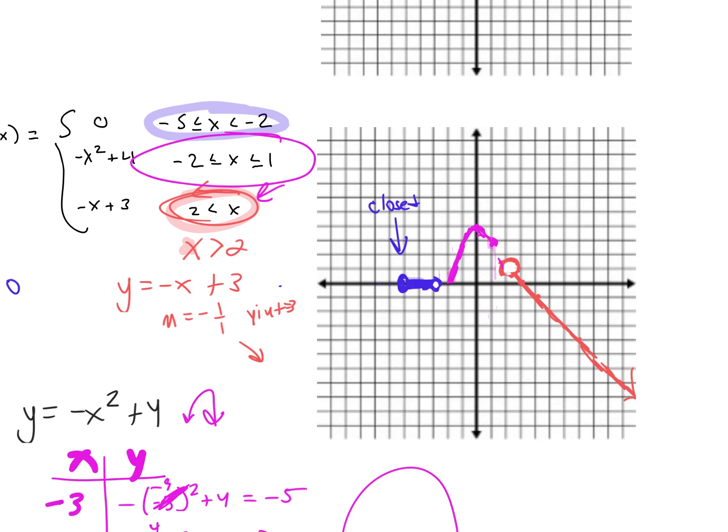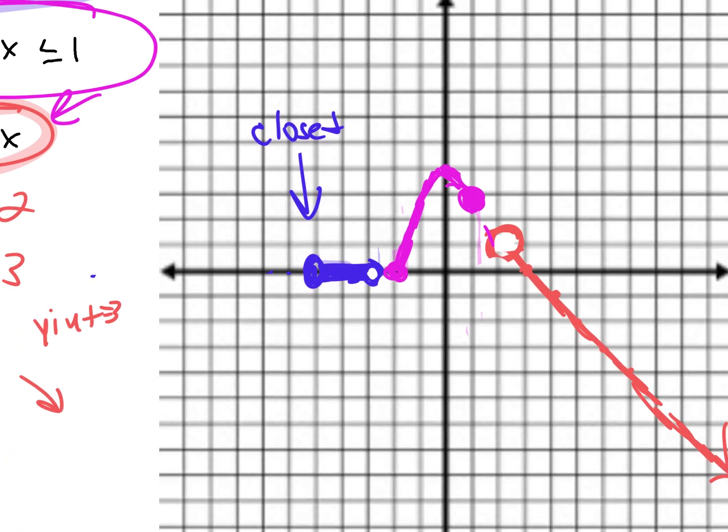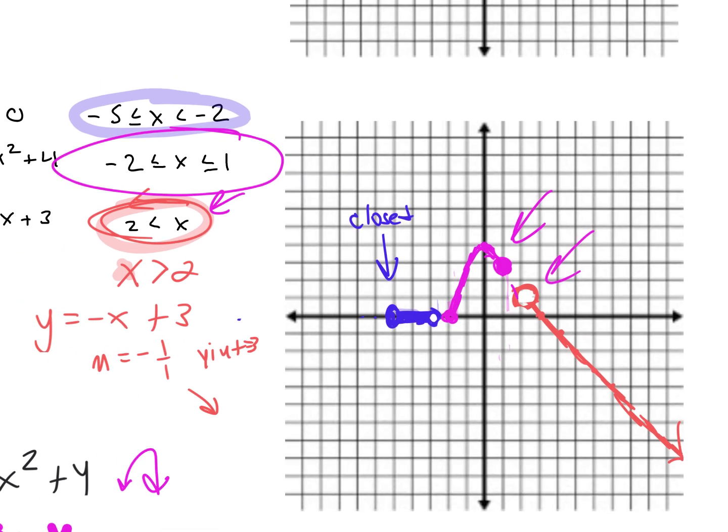In this case, guys, does this entire piecewise function connect? Does the whole thing connect? No. The pink line stops at 1. Where does the red line start? At 2. It doesn't connect. Not all the time are all of your piecewise functions going to connect.